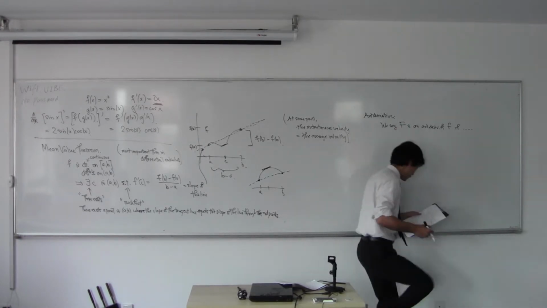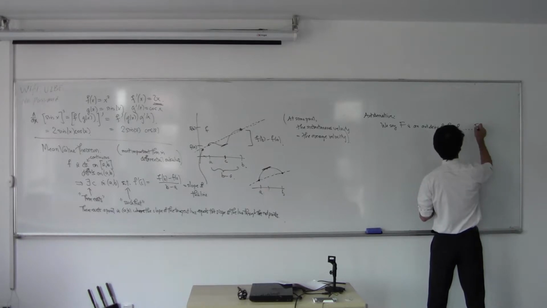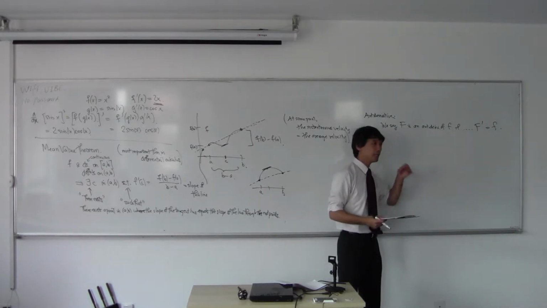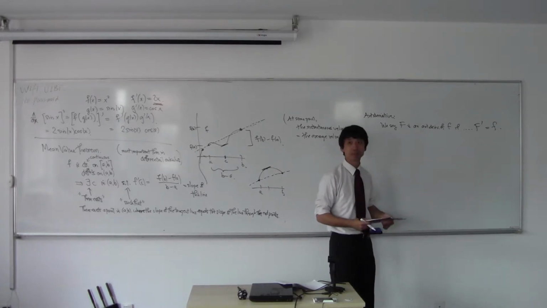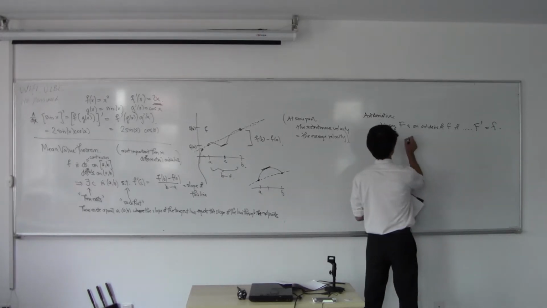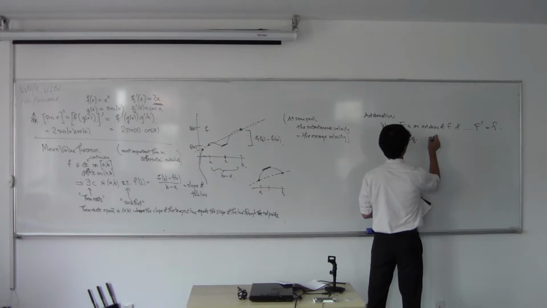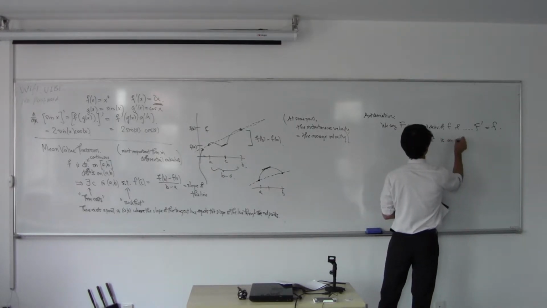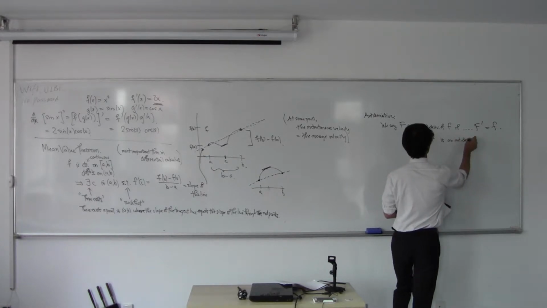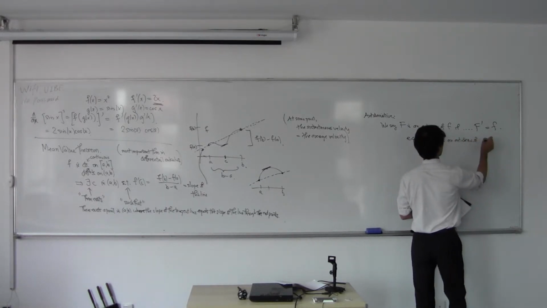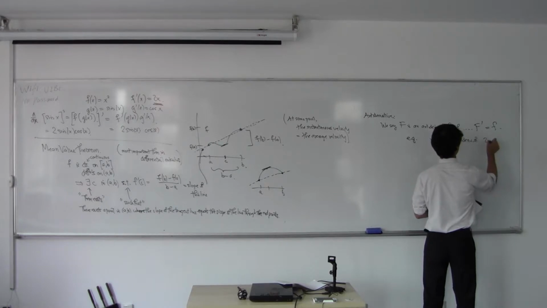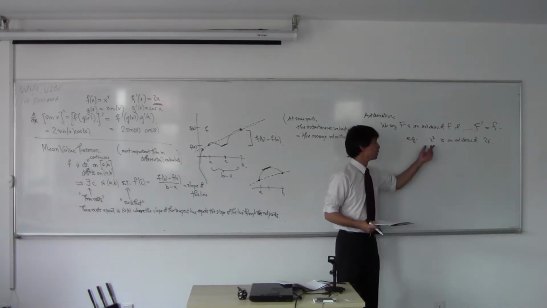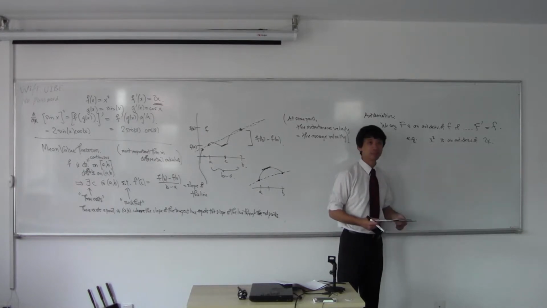If you take its derivative, if F prime equals f, it's the antiderivative. So for example, x squared is an antiderivative of 2x, because the derivative of x squared is 2x.